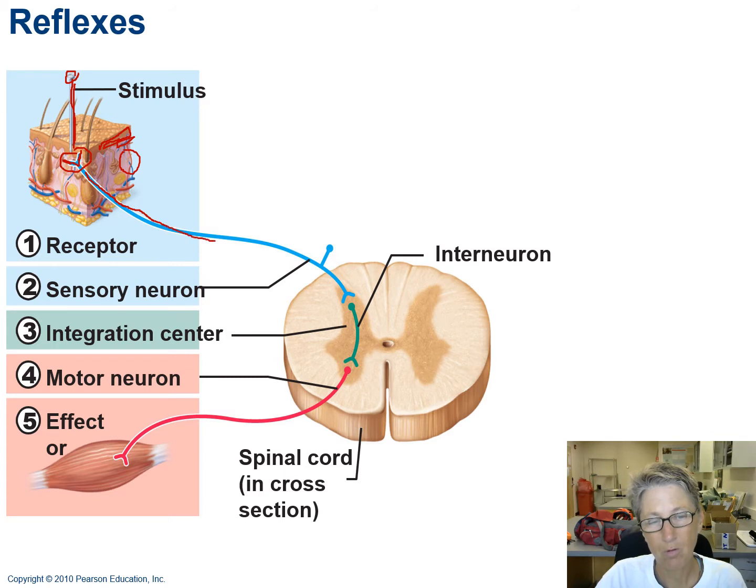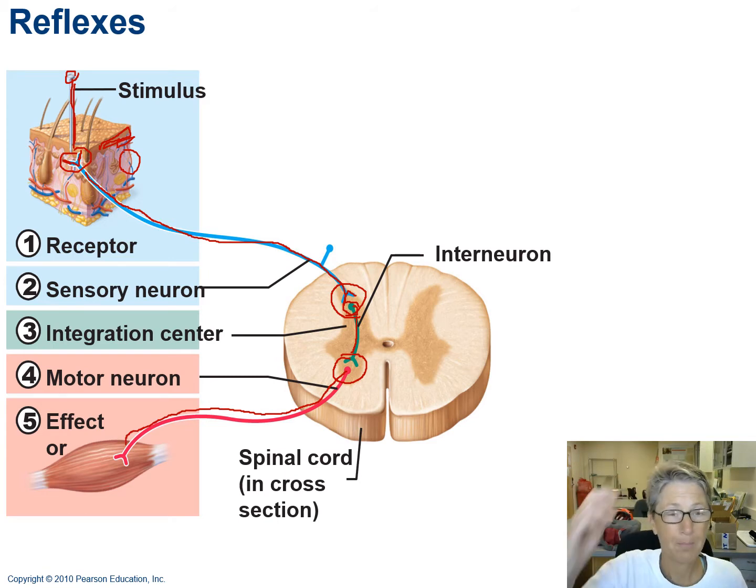The action potential travels along the sensory afferent neuron into the spinal cord. And anytime you see a synapse, there's going to be neurotransmitter release. So neurotransmitter is released from the sensory afferent neuron, picked up by the interneuron. The interneuron sends an action potential, releases a neurotransmitter at the synapse with the lower motor neuron, and then the lower motor neuron is going to effectively yield that reflex response.